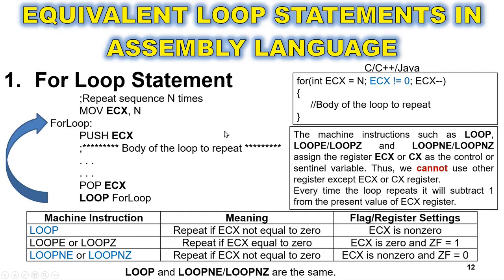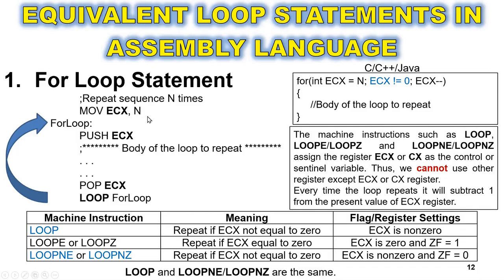The machine instructions such as loop, loop E or loop Z, and loop NE or loop NZ assign the register ECX or CX as the control or sentinel variable. Thus, we cannot use any other register except ECX or CX. Every time the for loop repeats, it will subtract 1 from the present value of the ECX register. So, take a look at this equivalent code written in assembly language, a for loop.